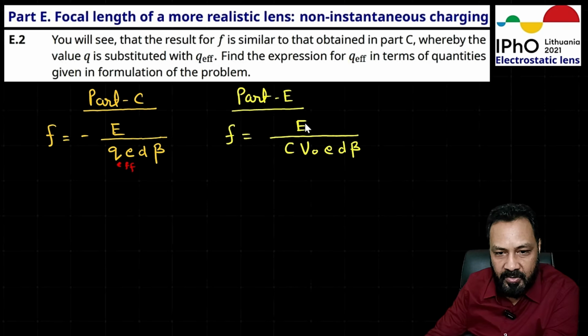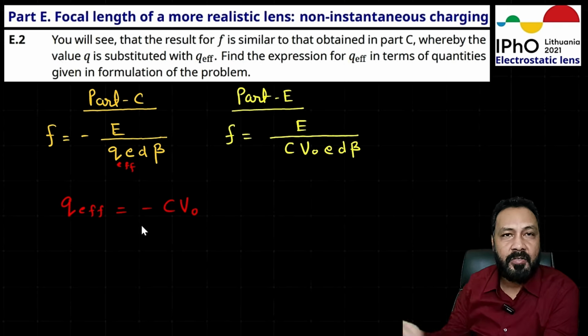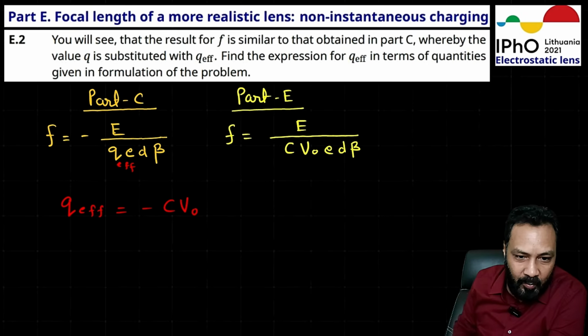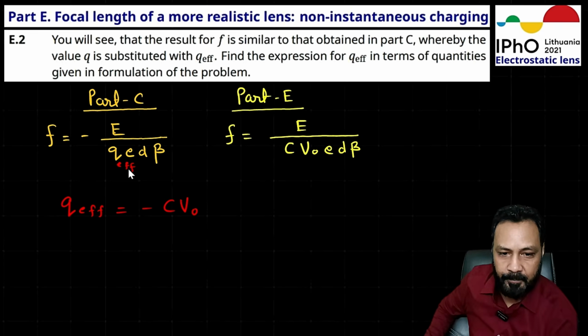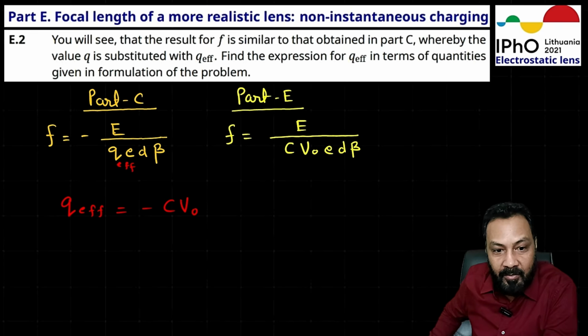So if I compare, this is E, this is E, E d B, E d B. So in place of Q effective, that is C V naught, minus C V naught. So minus is obvious because the charge is negative for focusing. So basically the lot of the calculation that we have done here in this part, like calculation of the variable Q, that whole variable Q can be replaced by a simple Q, that is C V naught.